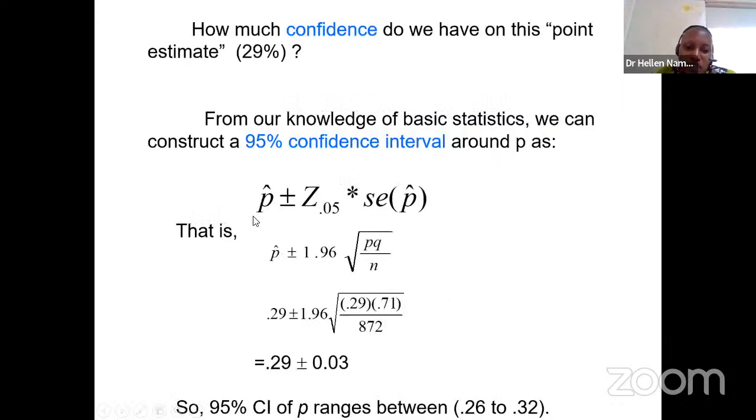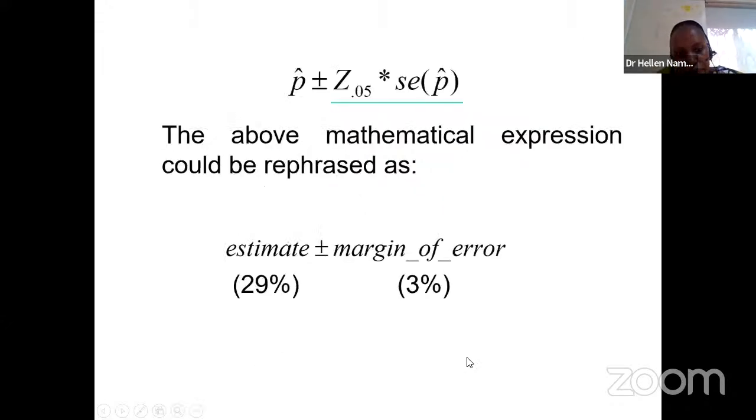When you come back here, in this basic example, the P is our estimate, plus or minus, and we can consider the whole of this expression on the right-hand side as our margin of error. And we are able to calculate what the margin of error is. Remember what we had in the statement, it was plus or minus 3, and we proved that in this particular case it is 0.03.